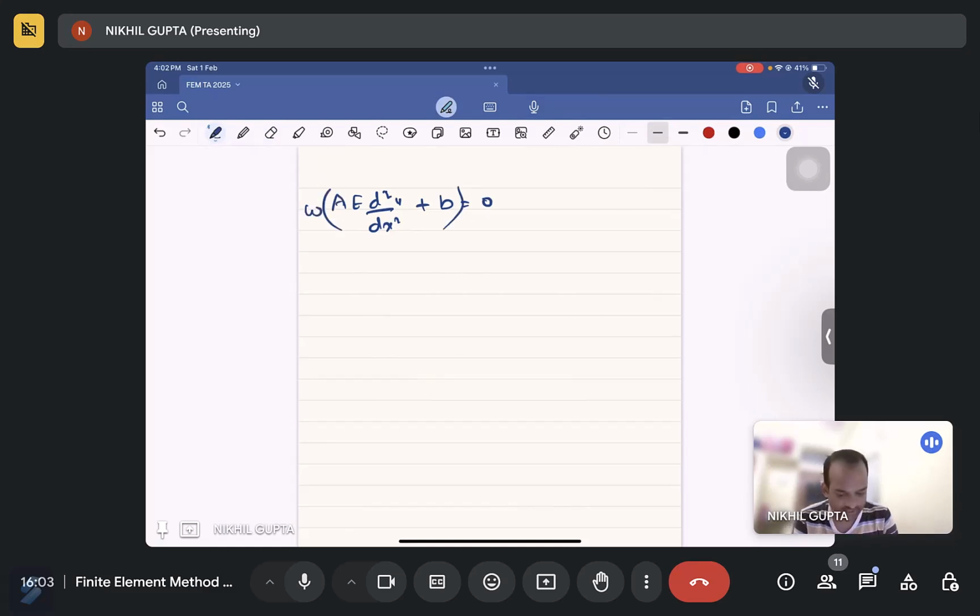Since you are using this u, which is not correct, if this u is exact, you will get this whole as 0. But since you are not using the exact u, this will not be equal to 0. So we'll multiply this with w, so that whenever this is not 0, this will make it 0.